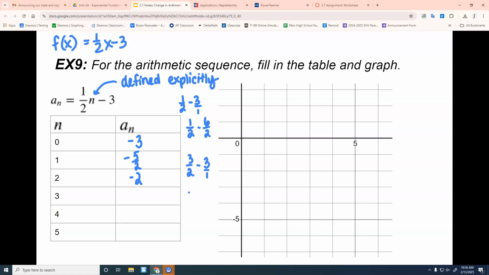Again, got to have common denominators there. 3/2 minus 6/2 will give you -3/2. We can plug in 4. Half of 4 is 2. 2 minus 3 is -1. And the last one will be -1/2 whenever we go through and plug that in.